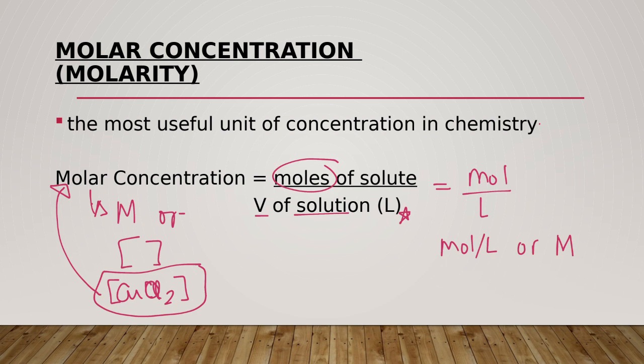I use both of them interchangeably, and you need to be aware of both versions. And sometimes, lastly, instead of calling it molar concentration, we will sometimes call it molarity. So as you see, there are different ways of representing the same idea or the same unit.